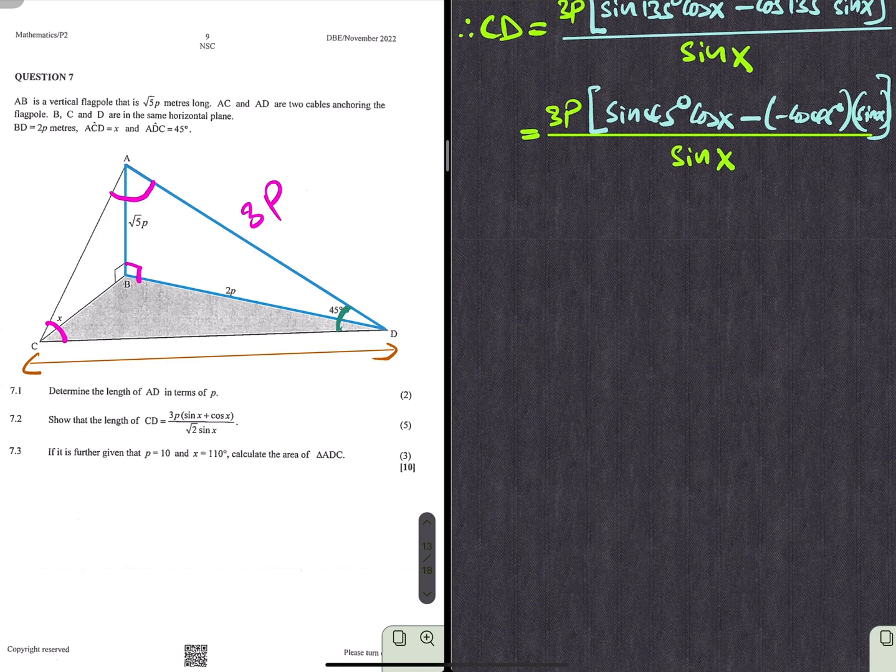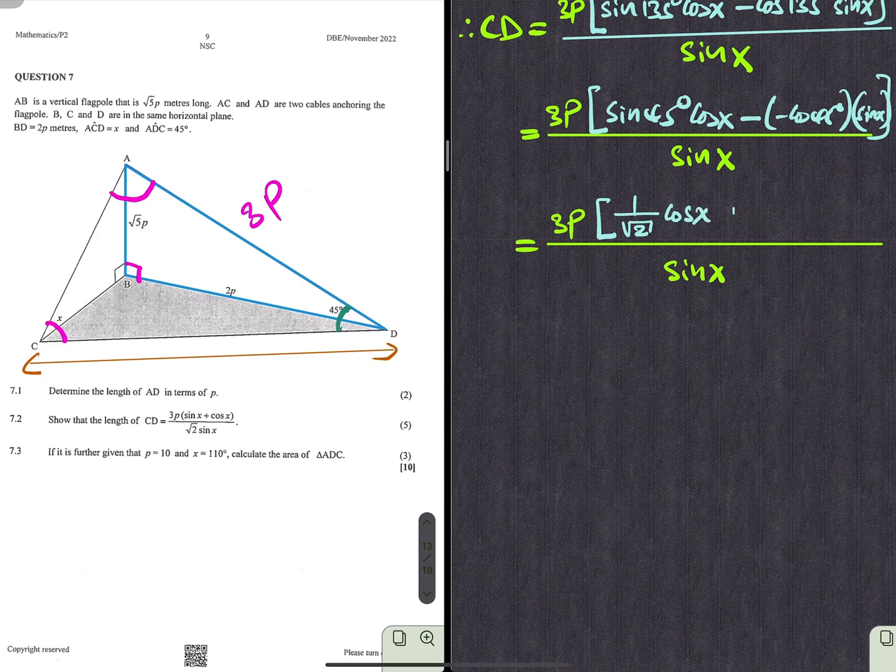And as a result, I'm going to get 3p. You divide this stuff. Check something here. This is a sine of x. Let me now deal with this stuff here inside. Sine 45 is primarily 1 over the square root of 2, or it's the same as root 2 over 2.